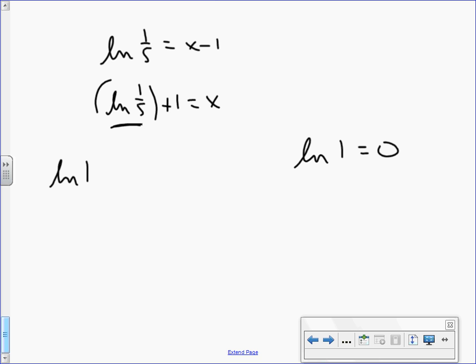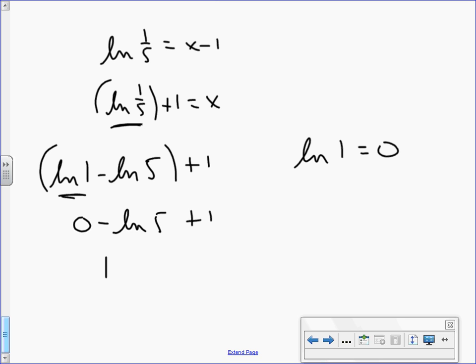This is the natural log of 1 minus the natural log of 5. This becomes 0 minus the natural log of 5. So I'm going to just write this in a different order instead of plus 1. 1 minus the natural log of 5 is equal to x. This is considered a simpler answer than this answer up here, which is a lovely answer.